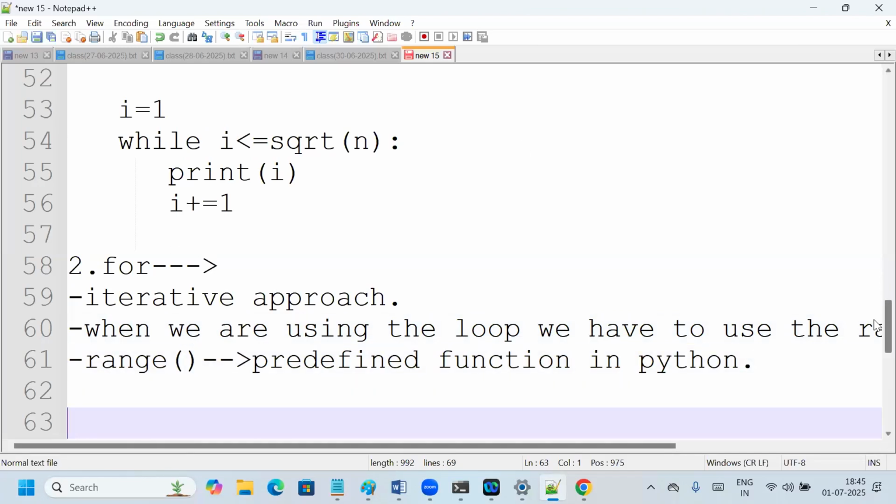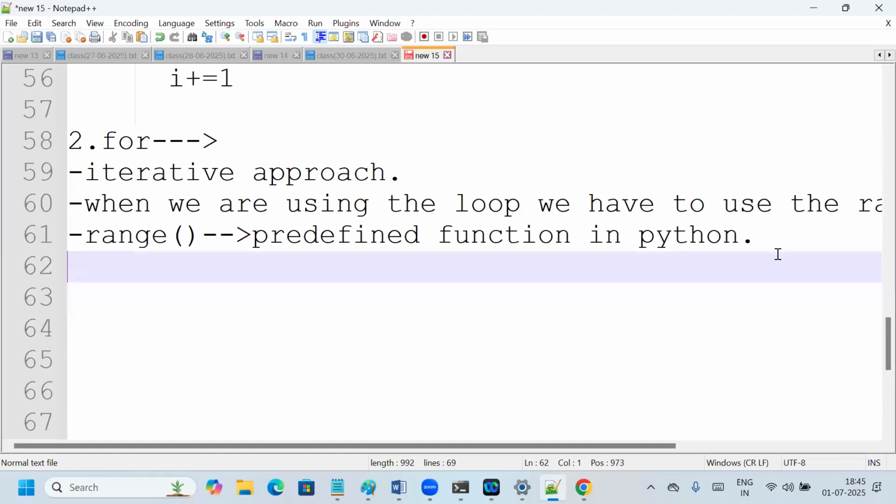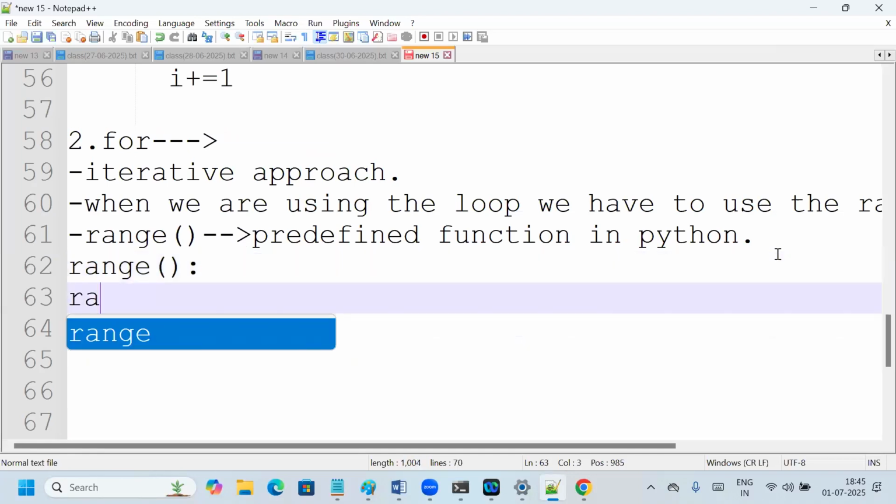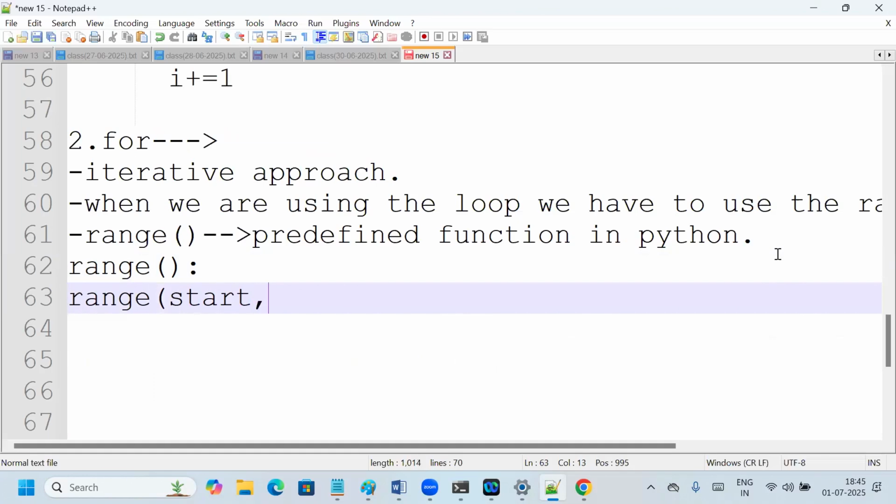Let me show you what range is. The range function syntax is like this. In a range function, you have to specify the start, end, and the step size. Start is from where to start, end is where exactly you have to end, and step size is how much to update.